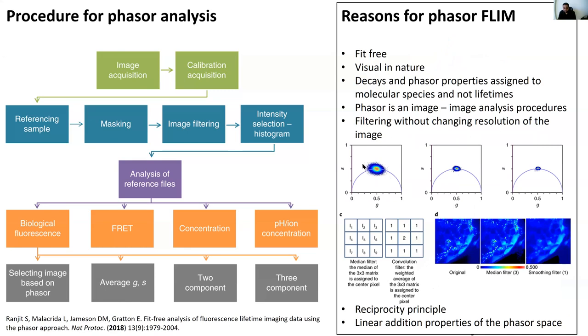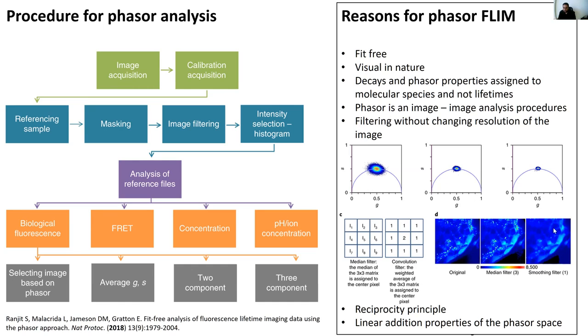So what I mean by that, let's say this is your phasor diagram. You can do a filtering by assigning a median filter and assigning the average phasor to the center of that filter. You can also do a smoothing. So if you do a median filter, you decrease the spread but it doesn't change the original image. The original image still has the same exact resolution.